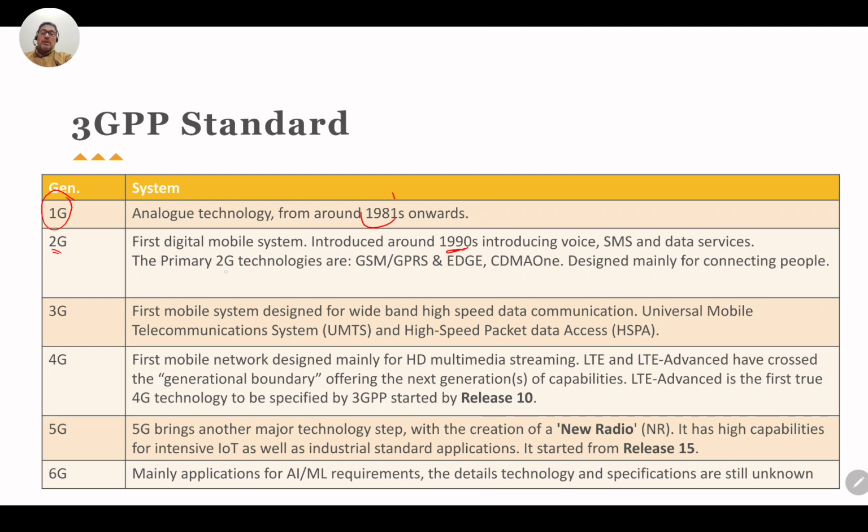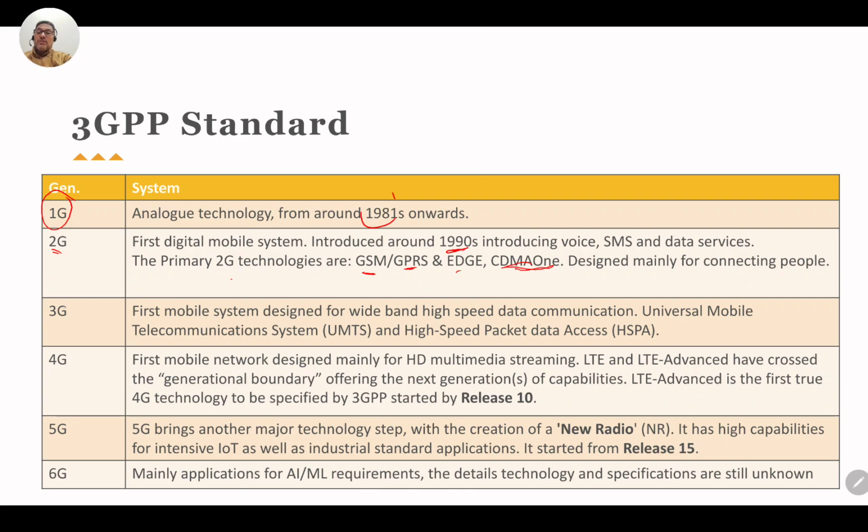The primary 2G technology was in the beginning GSM, and after that they included packet switching for internet applications and data communication, and then GPRS and EDGE technology, and also we have CDMA One. It was mainly in the US and some geographical areas, but GSM was more of an international standard.